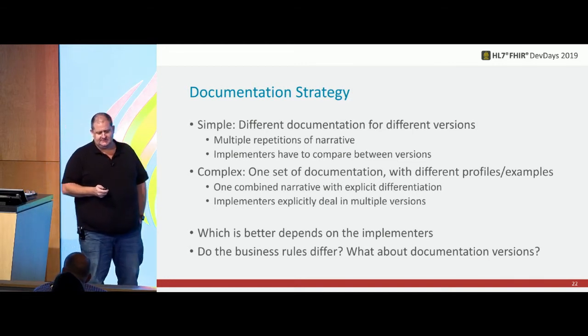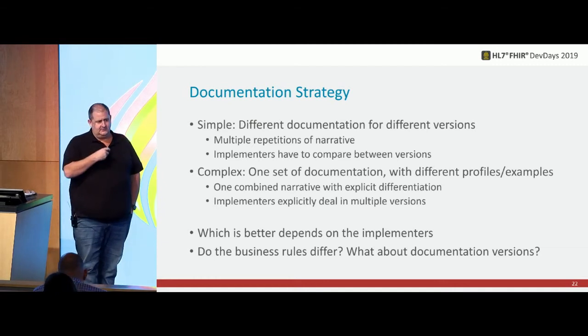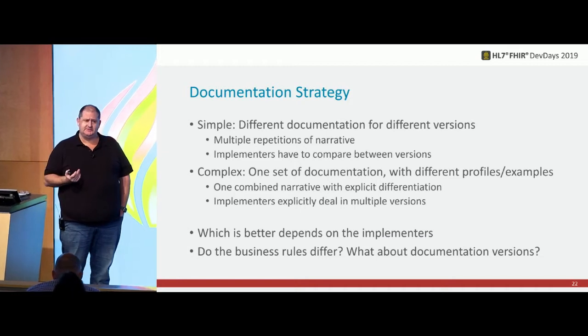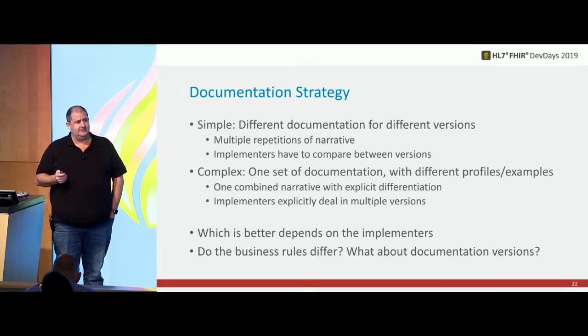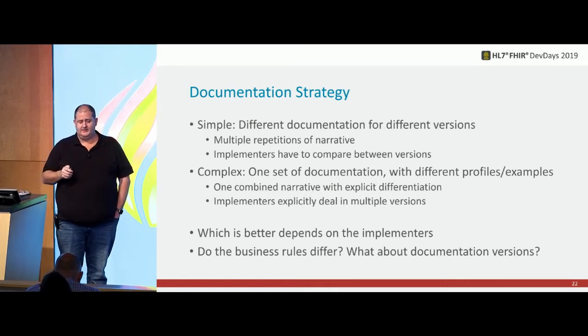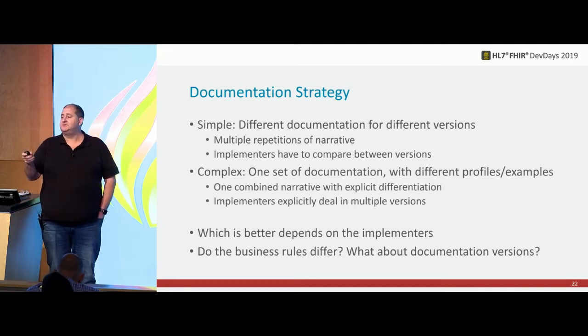Now, when it comes to documentation strategy, your servers, or your client, but mostly servers, when it comes to documentation, are implementing multiple versions. You have different documentation for different versions because the rules are a bit different. So one option then is to actually have 2 sets of documentation, 1 for each version.